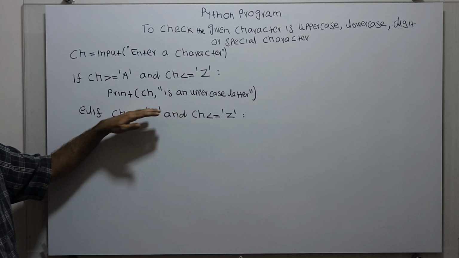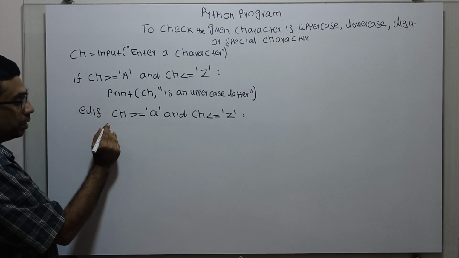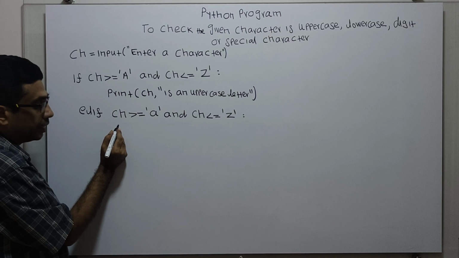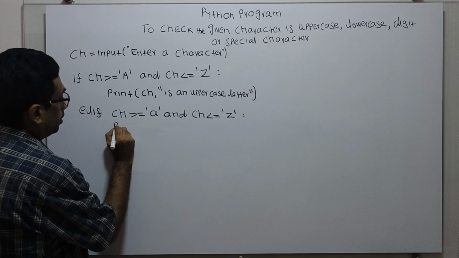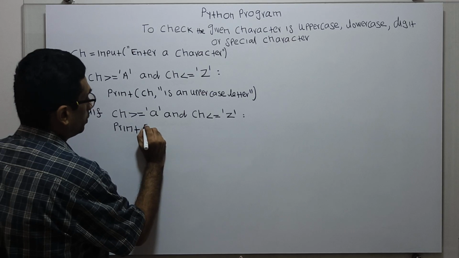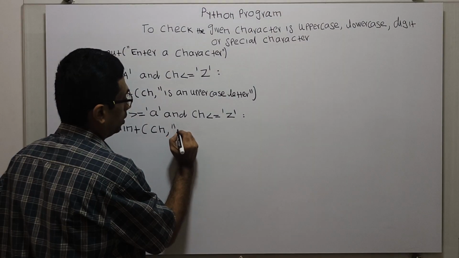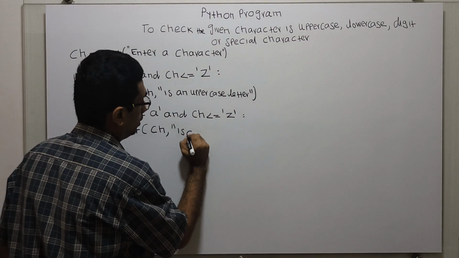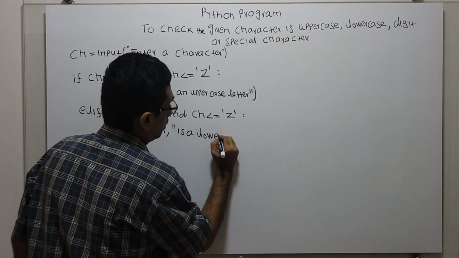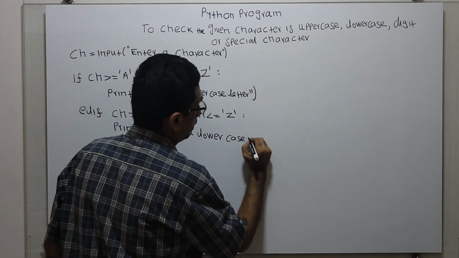If the condition is true, the control will come to the elif block. For the scope, I have to give an indentation like in the if block, which says that the statement I am writing is in the scope of elif. Print ch, then in double quotation "is a lowercase letter".